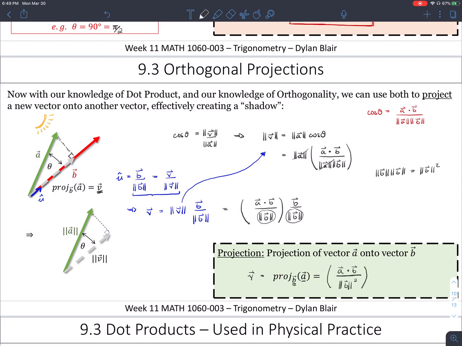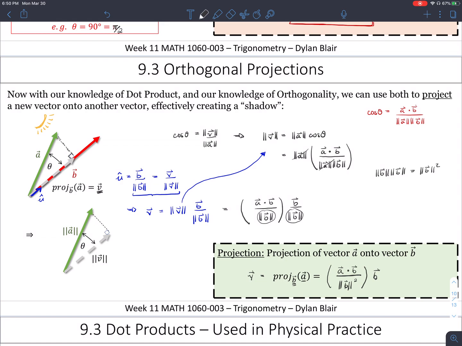Because the length of a vector is a scalar, and you square a scalar to get a scalar. And then we're taking the scalar and we're scaling vector B. So our projection ends up being the scaled vector, okay? And it's in the direction of vector B because we've scaled the vector B, okay? So hopefully that makes some sense.